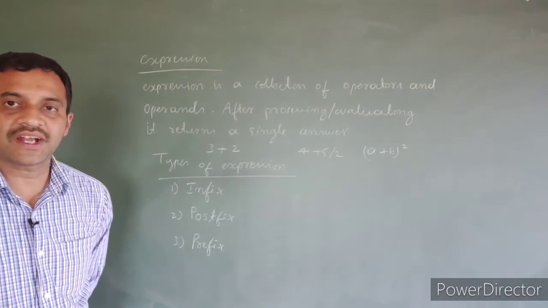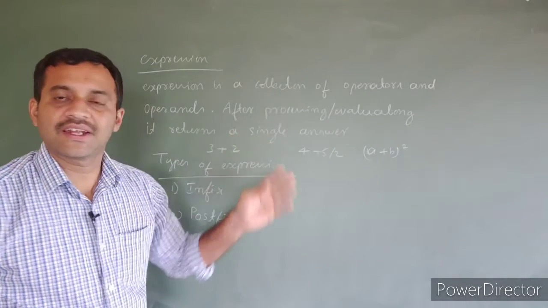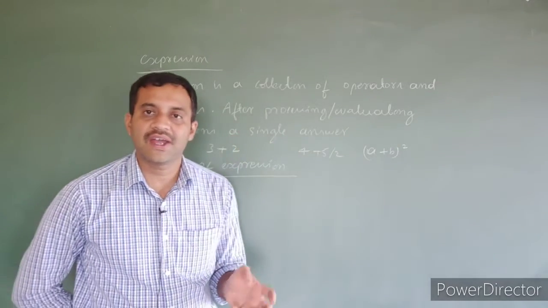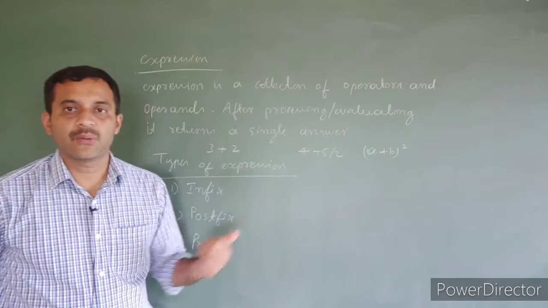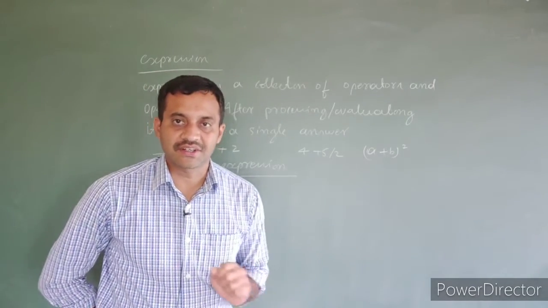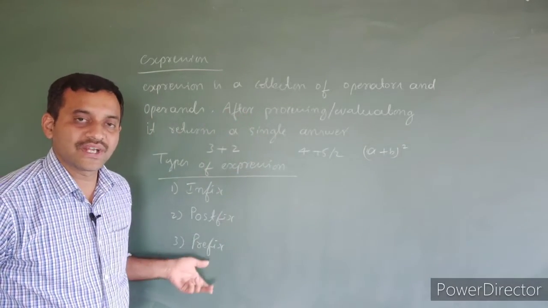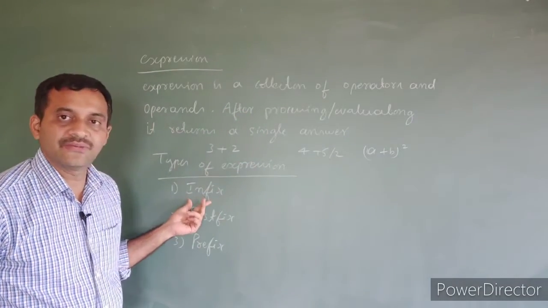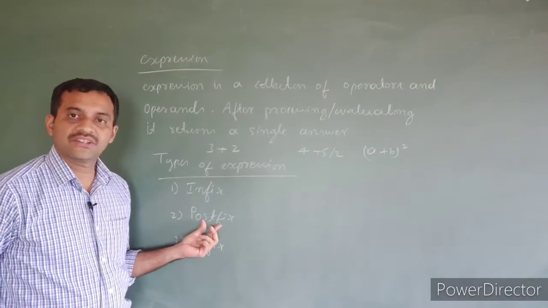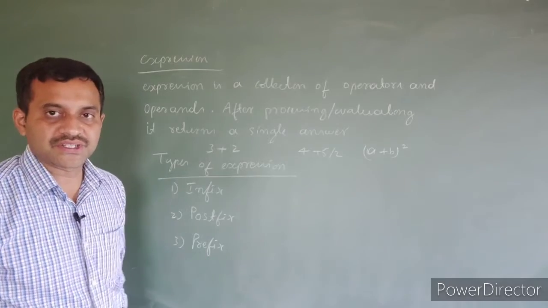So these are the 3 types of expressions. Basically, expressions are the collection of both operators and operands. After evaluating, these expressions return a single answer. Then these expressions are classified into 3 types: infix expression, postfix expression, and prefix expression.